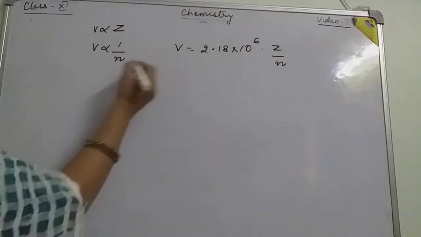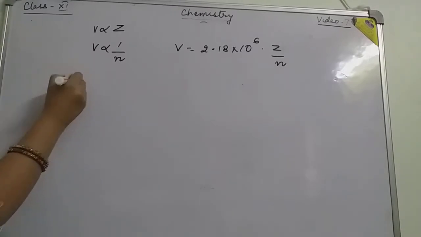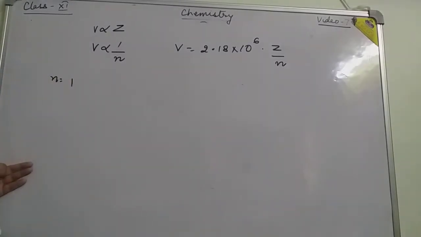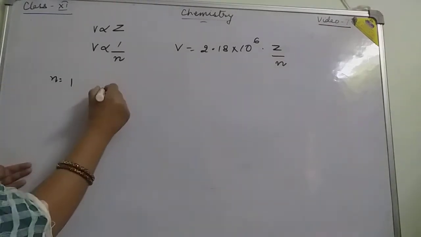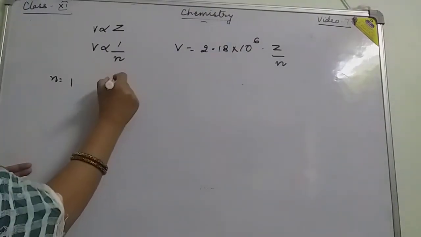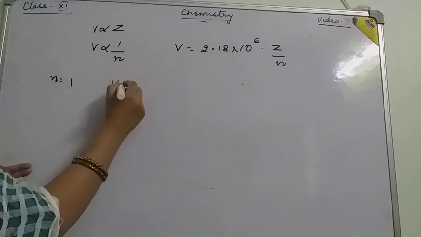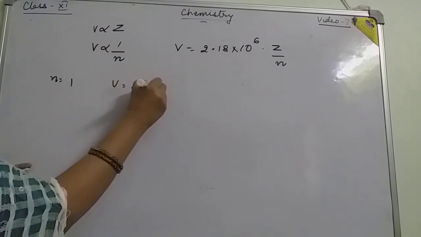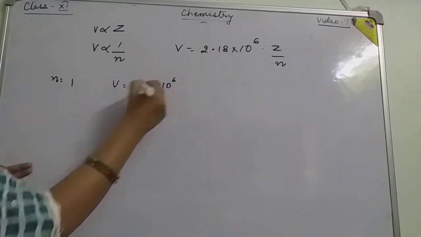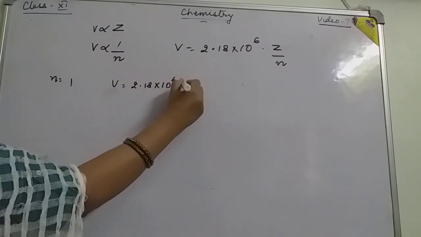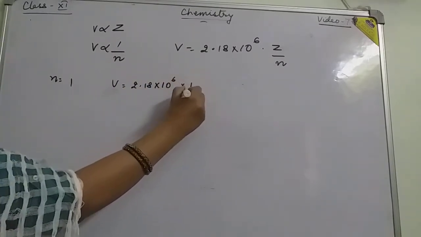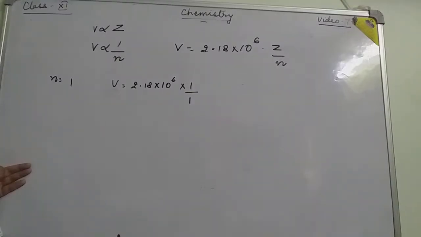So if n equal to 1, then the velocity v is equal to 2.18 into 10 to the power of 6. For hydrogen atom z is 1 and for the first shell n is 1.